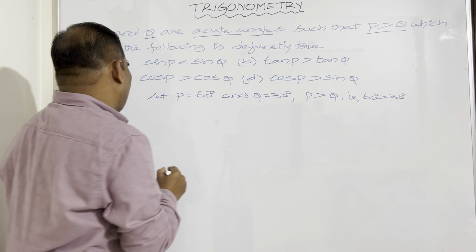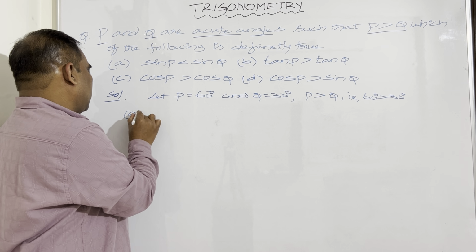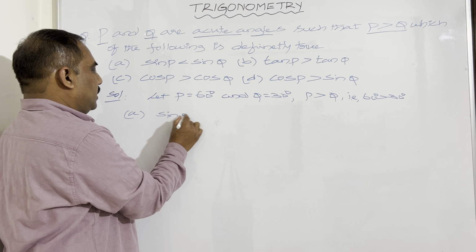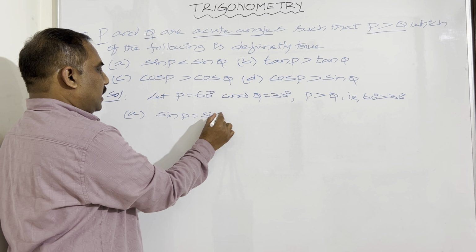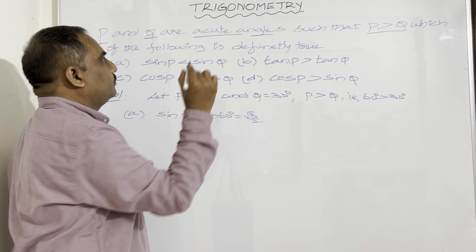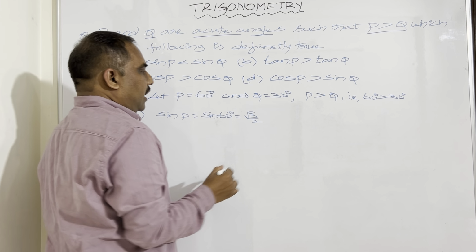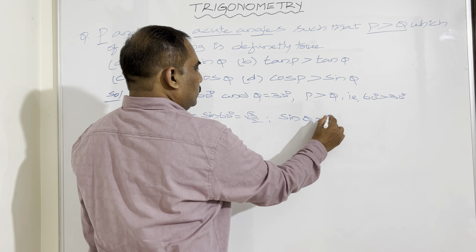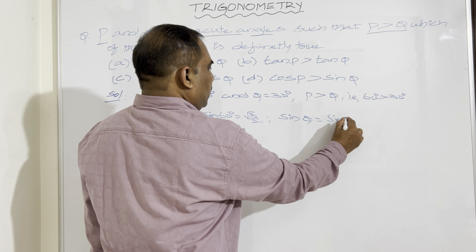Now verifying the first option, I am finding sin P, which is sin 60 degrees. Sin 60 degrees is equal to root 3 by 2. And similarly finding sin Q, so this is sin 30 degrees.